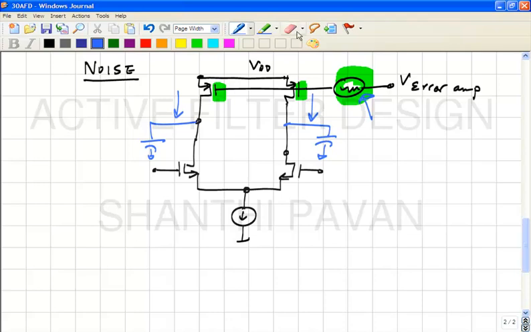So what is the effect of this noise of the error amplifier on differential outputs? There is no effect. That makes sense because this is a common mode noise source. In other words, this noise source is common to both halves, so it shouldn't matter. Is that clear?